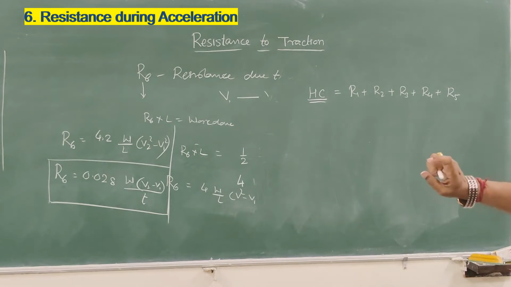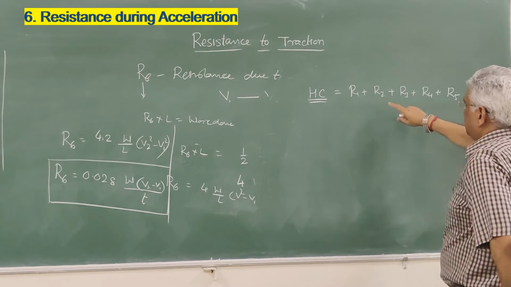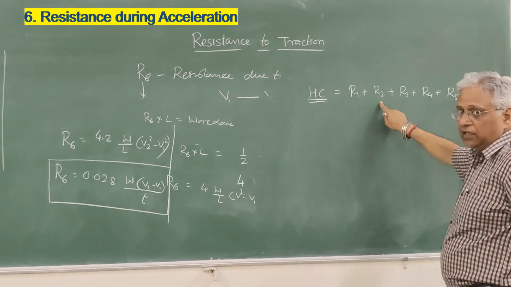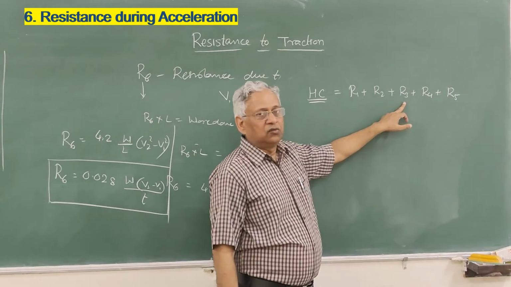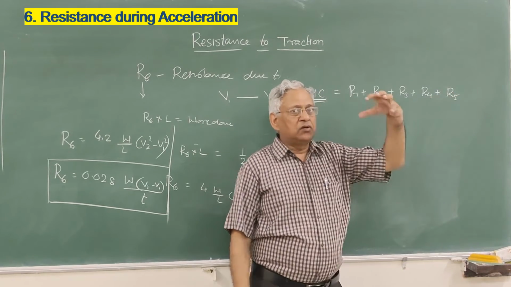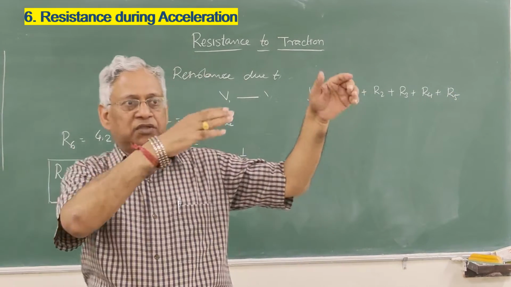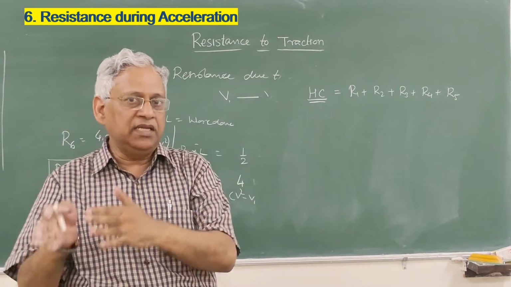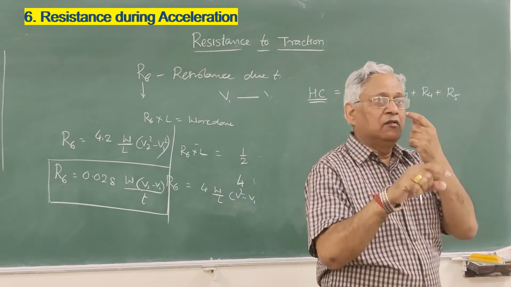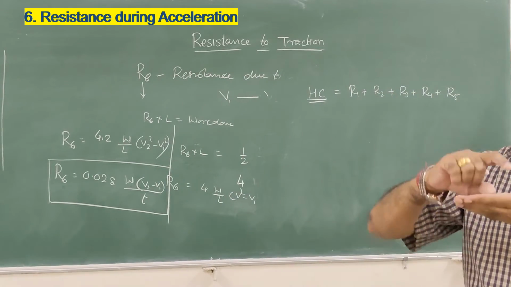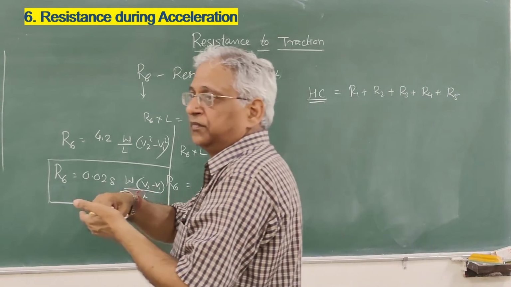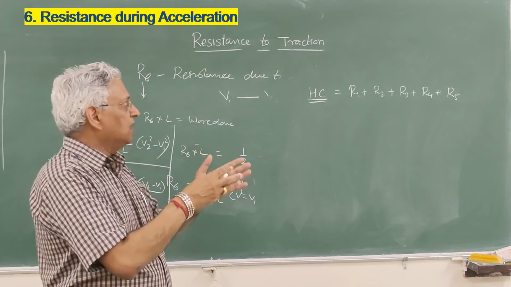R1, R2, R3: resistance due to friction, resistance due to track irregularities or wave action, resistance due to wind, resistance due to gravity, resistance due to curvature. We should remember that when a train moves from station A to station B, there will always be some horizontal curve, there will always be a vertical curve. And therefore, R4 and R5 should be considered based on the degree of the curve on the track and based on the steepest gradient.